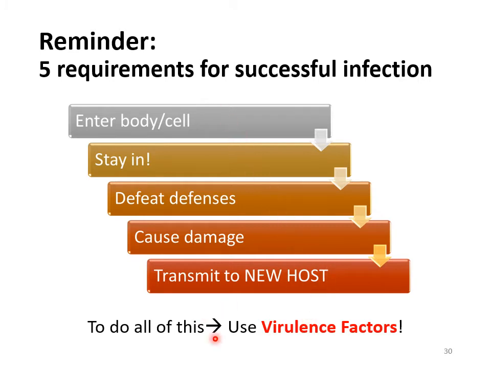So virulence factors are any molecules or structures that help bacteria do any of these 5 requirements for pathogenicity. Okay, one more time. Virulence factors are any molecules or structures that help bacteria do any of these 5 things to be pathogenic. So we're going to go one by one through these various requirements for successful infection.